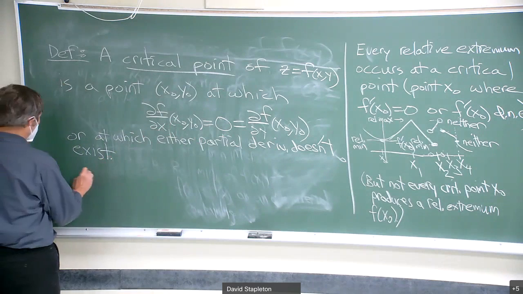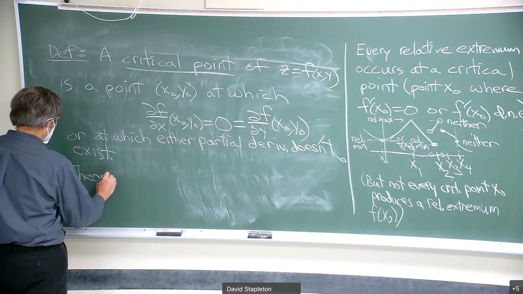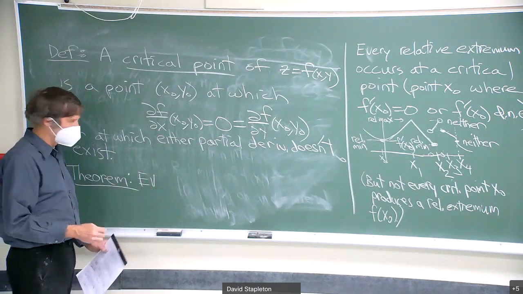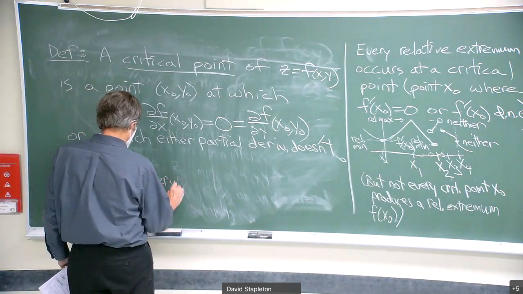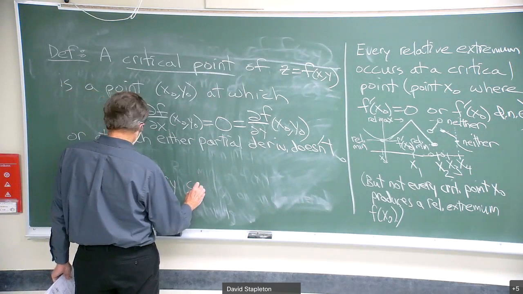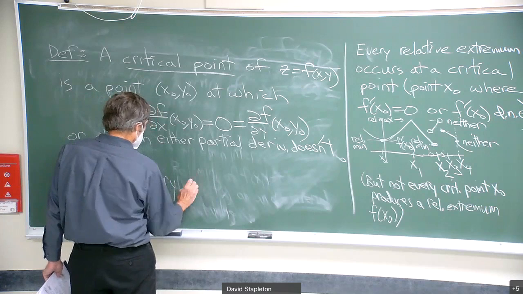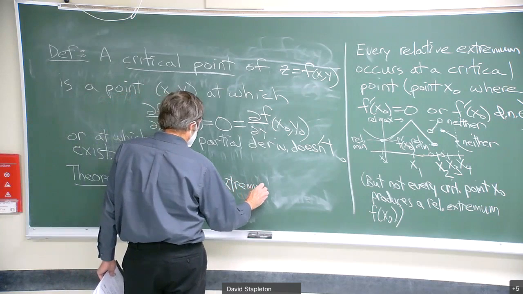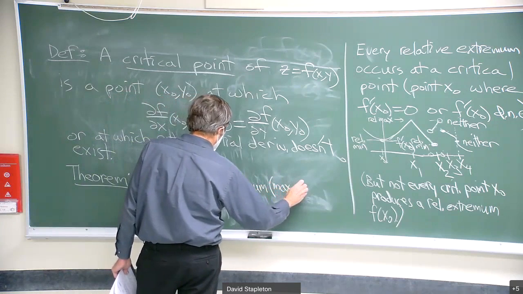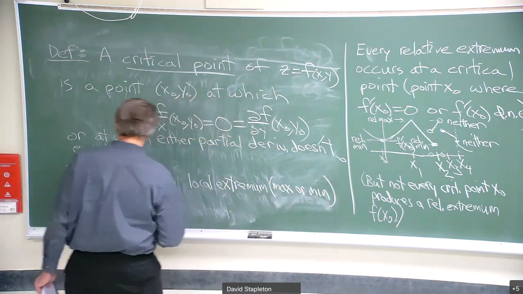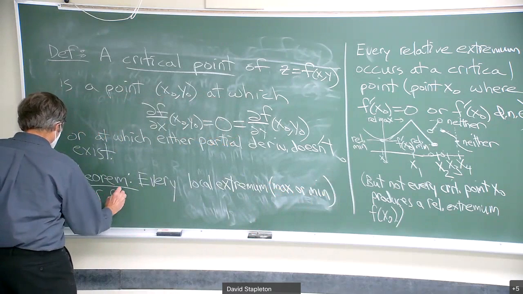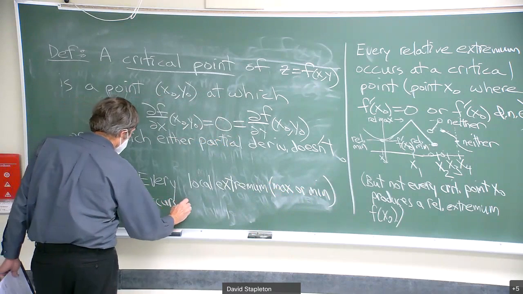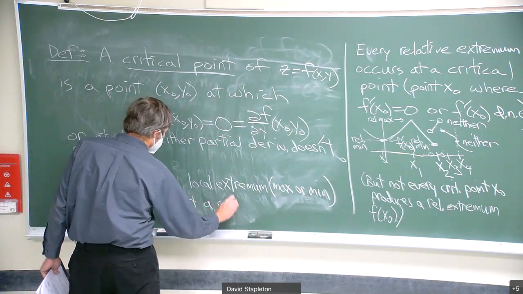And then this wonderful theorem, an analogy to calculus one, I think this is attributed to Fermat: every local extremum, max or min, of a function of two variables f of x, y occurs at a critical point.